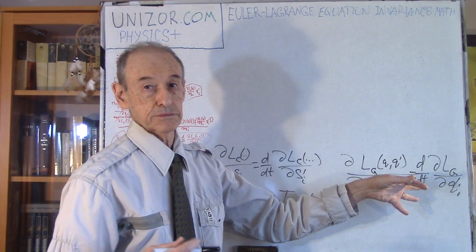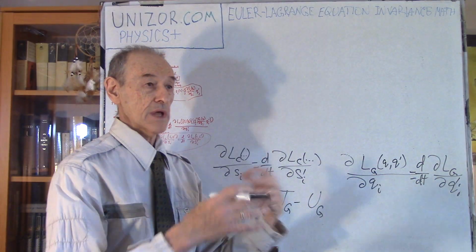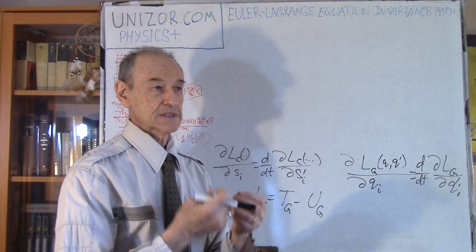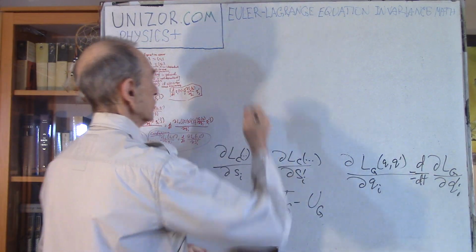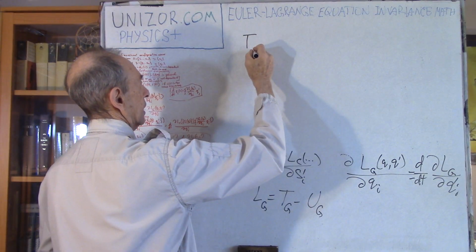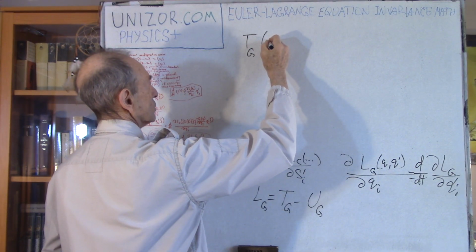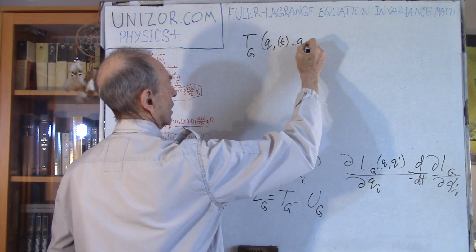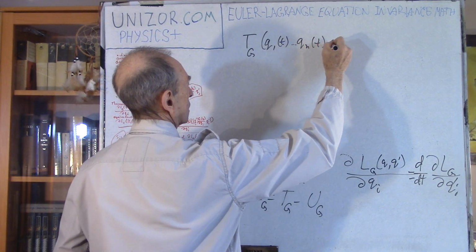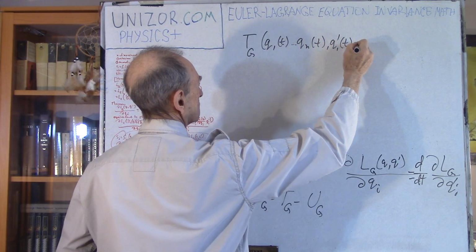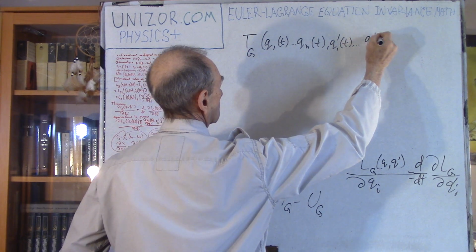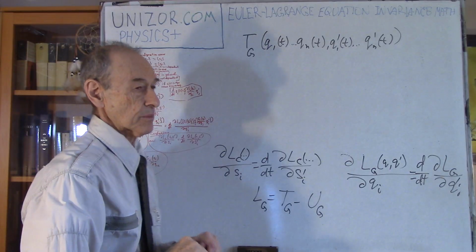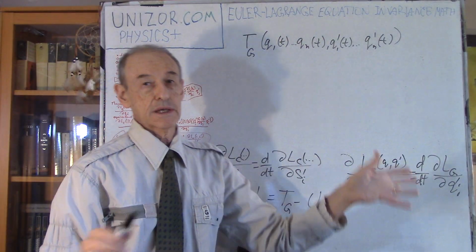Okay, but since I know that kinetic energy and potential energy, and therefore the Lagrangian, as a function of basically any coordinates, if they are transformable into each other, the value itself, the scalar, which is, let's say, kinetic energy in generalized coordinates, which is q1 of t, etc., qn of t, q1 star of t, etc., qn star of t. So this is basically some kind of expression of kinetic energy in generalized coordinates.